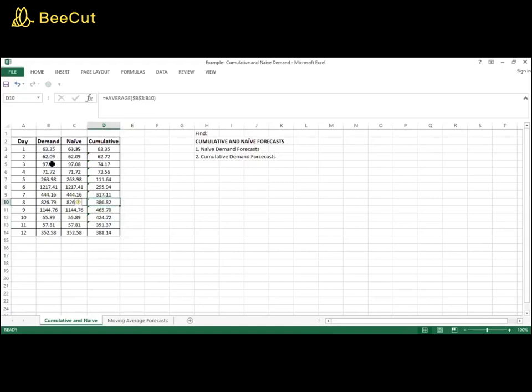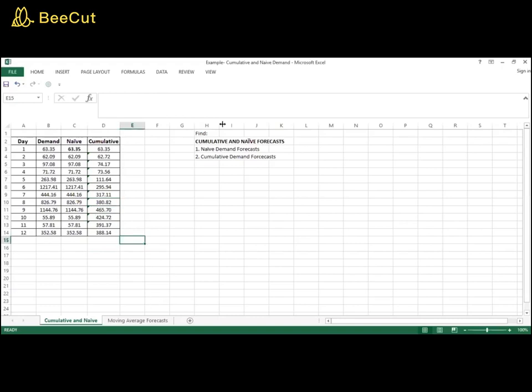This is the average of the first 8 days, and that is basically what your forecast is for period 9. And that's basically how you can do naive and cumulative forecasting. So I hope that is helpful for you.